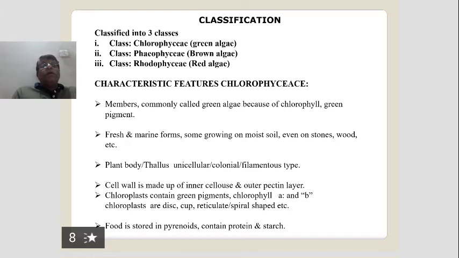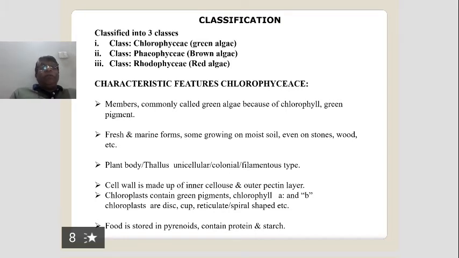Now, we shall study each class and the characteristics of algae with examples. Write characteristic features of class chlorophyceae.